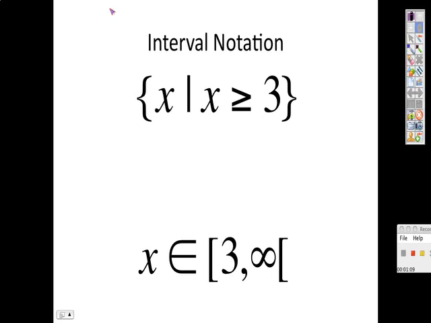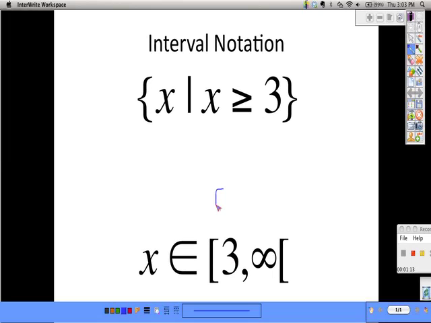Now you guys are probably used to writing this as 3 to infinity and then using the parenthetical bracket as opposed to the square bracket. IB uses this reversed square bracket to mean that it's an open-ended interval. It's non-inclusive, whereas the facing inward bracket is an inclusive bracket, equal to 3 but not equal to infinity.